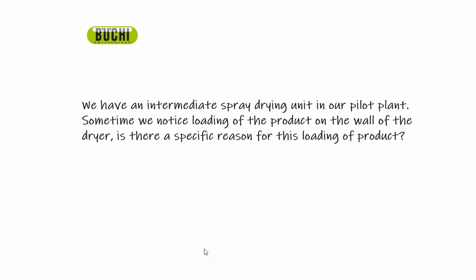We have an intermediate spray drying unit in our pilot plant. Sometimes we notice loading of the product on the wall of the dryers. Is there a specific reason for loading of the product? Within spray drying, we're never going to get 100% yield, and we're always going to have some sticking of product.